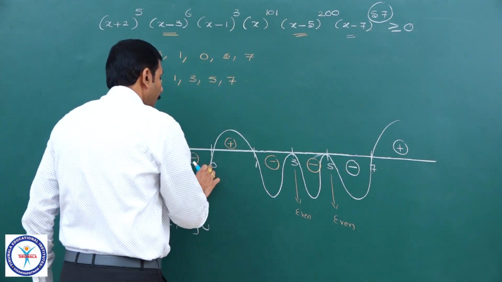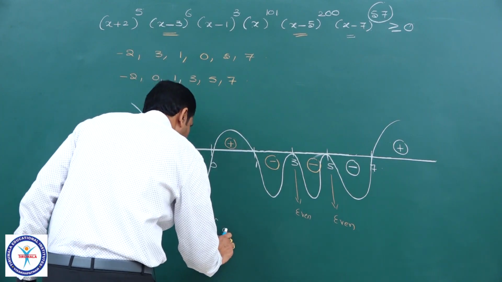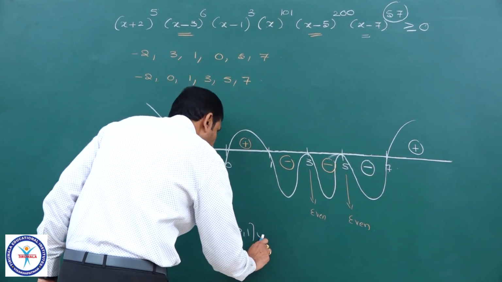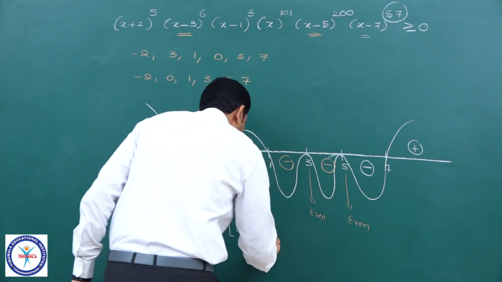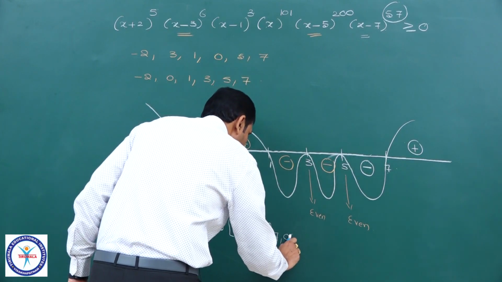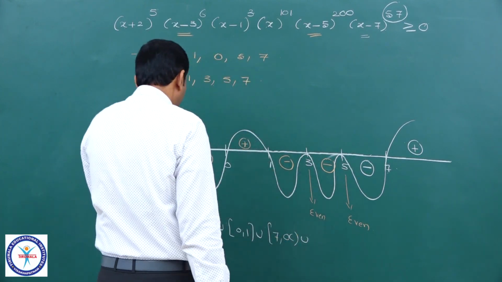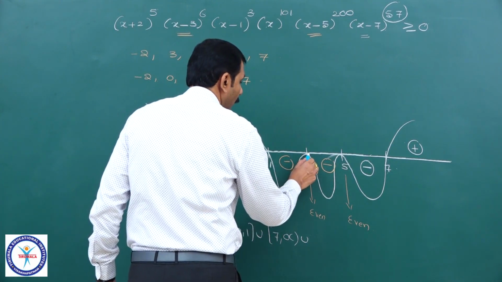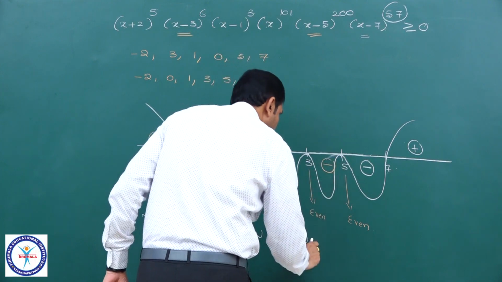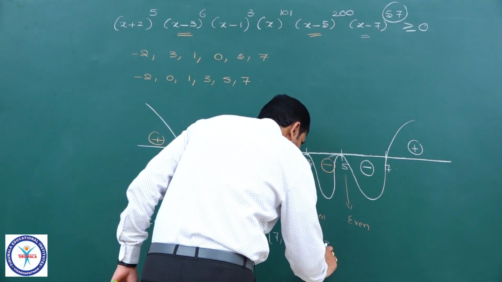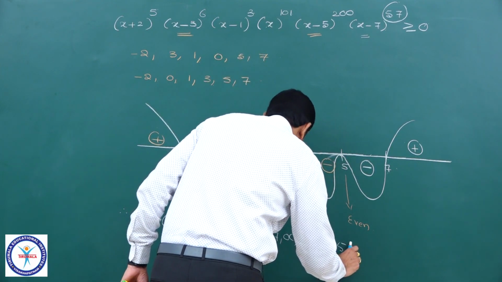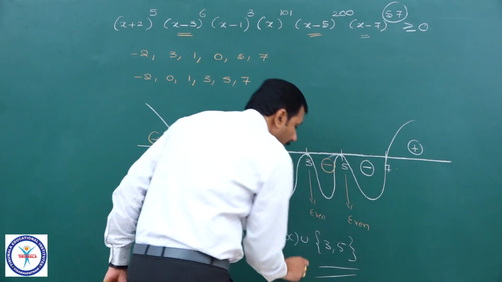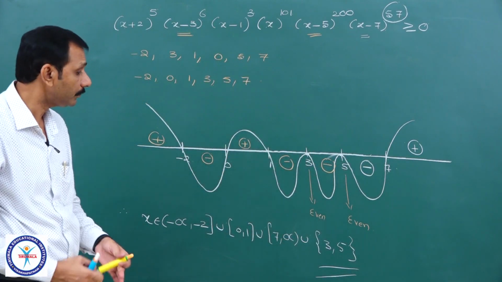Union, here it is 0 to 1 both closed. Union 7 to infinity. Of course, union the other values where it is equal to 0, at x equal to 3 and x equal to 5. I will write the set 3 comma 5. You should not forget to write these two values.